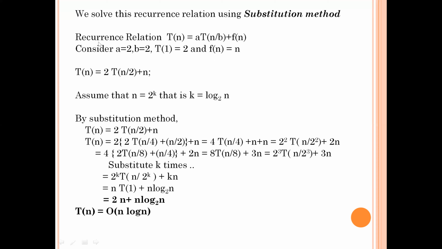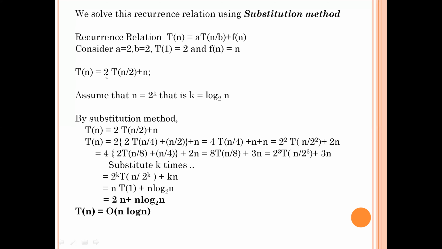So for example, here our recurrence relation is T of n is equal to a T of n by b plus f of n. Consider a is equal to 2, b is equal to 2, and T of 1 is also equal to 2. These are all assumptions, and we say f of n is equal to n. Then how do you get this T of n recurrence relation?